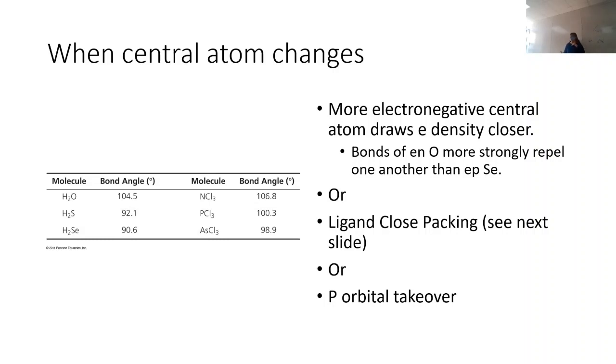Okay, so we can use that same explanation for both of those. That one's a little bit harder to grasp than these other two, but the other two, especially the second one, isn't going to give a very satisfactory explanation. It's just going to say, this is what we observed. Okay. So our second explanation is ligand close packing.